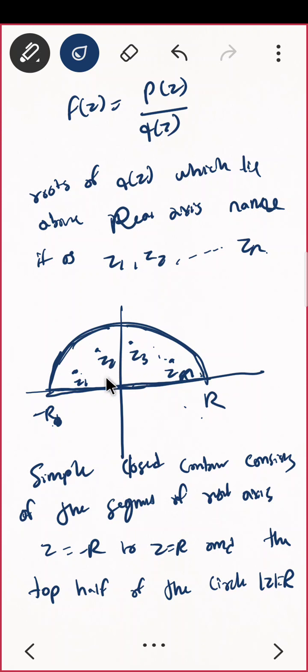I can make it a closed path actually. Correct? Okay.